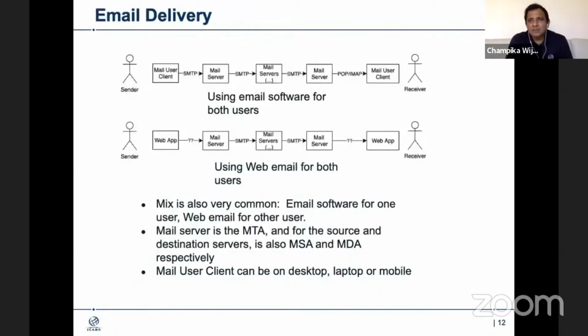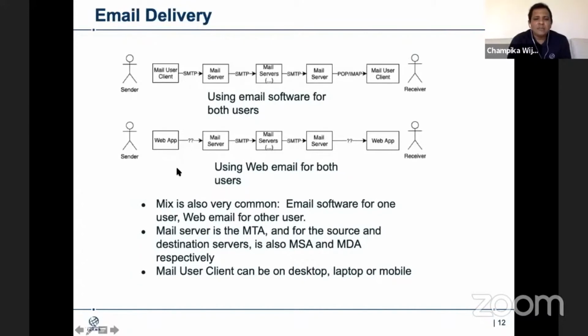Now, when it comes to email delivery, as we know, there are different components in an email delivery path. You have mail user agents, then you have mail transfer agents, or MTAs. And then we also have mail delivery agents and so on, right? So there are different components in the whole path.